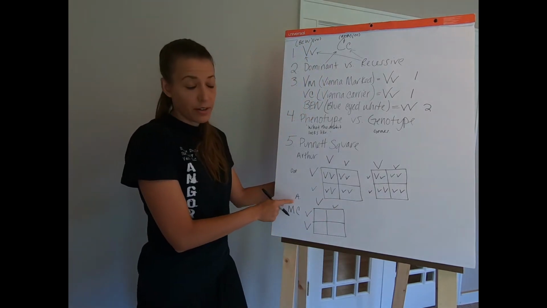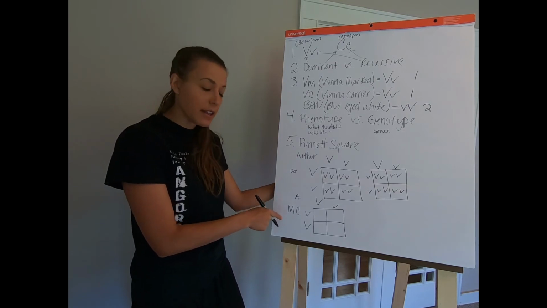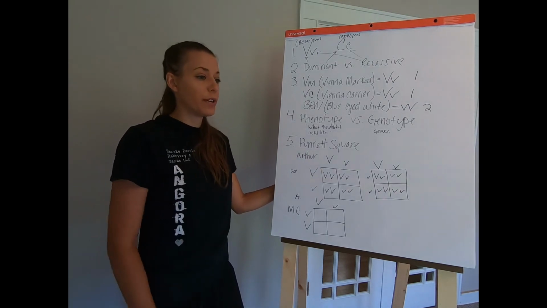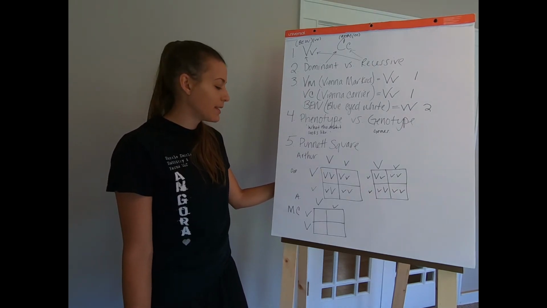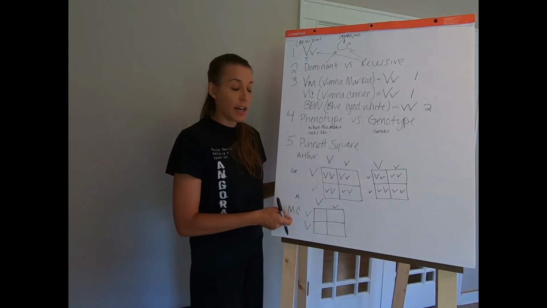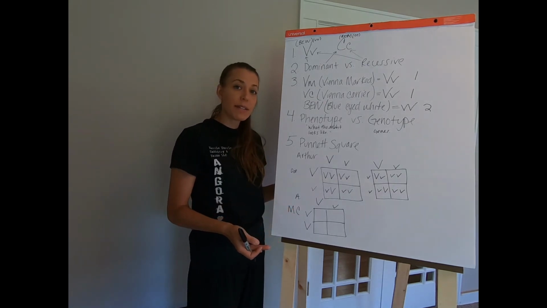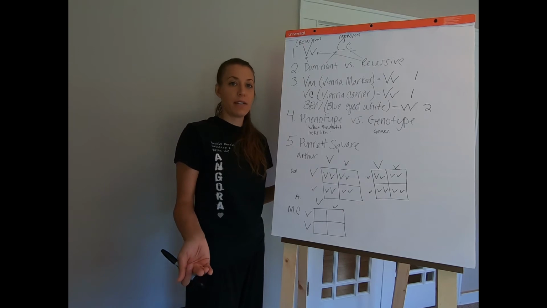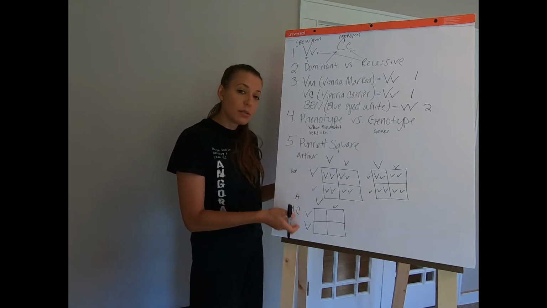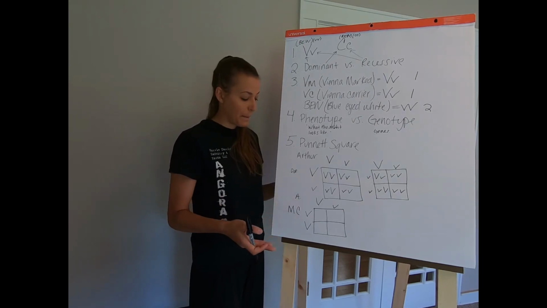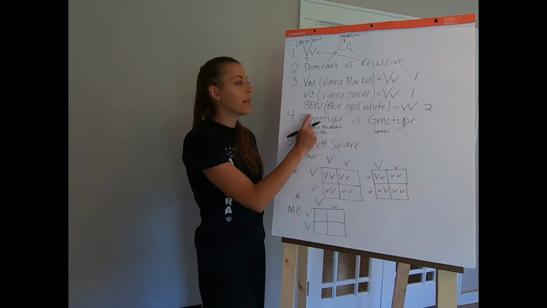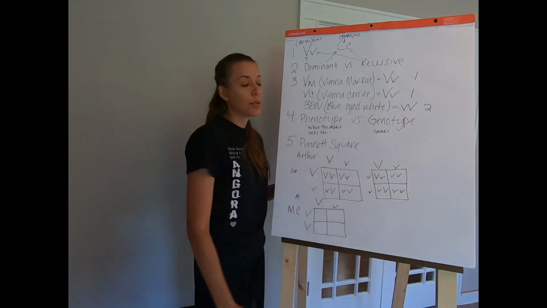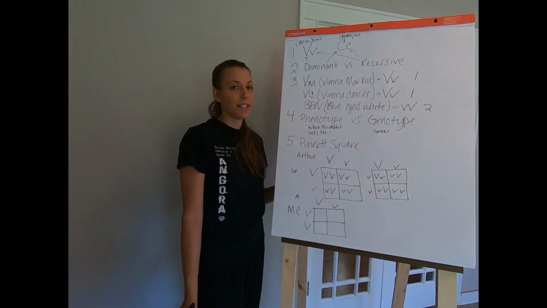So I did breed Arthur to Mariah Carey on May 5th, and she's due very, very soon for baby bunnies. What are we going to get? Are we going to get any Vienna marked rabbits? Any Vienna carriers? Any blue-eyed whites out of this breeding? Well, we know to get a blue-eyed white, we need 2 of the recessive genes.